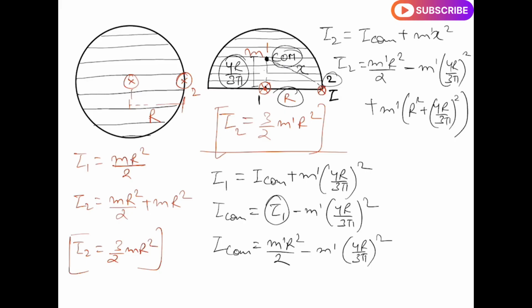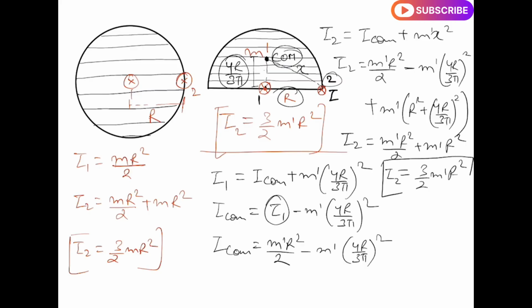So you can see that the term m dash into (4r by 3 pi) whole square would be cancelled out, and therefore I2 would be equal to m dash r square by 2 plus m dash r square, which is also equal to 3 by 2 m dash r square.